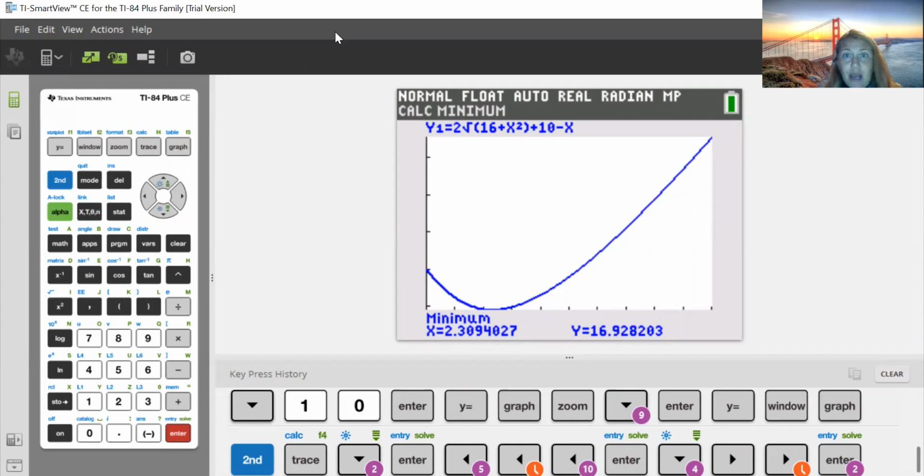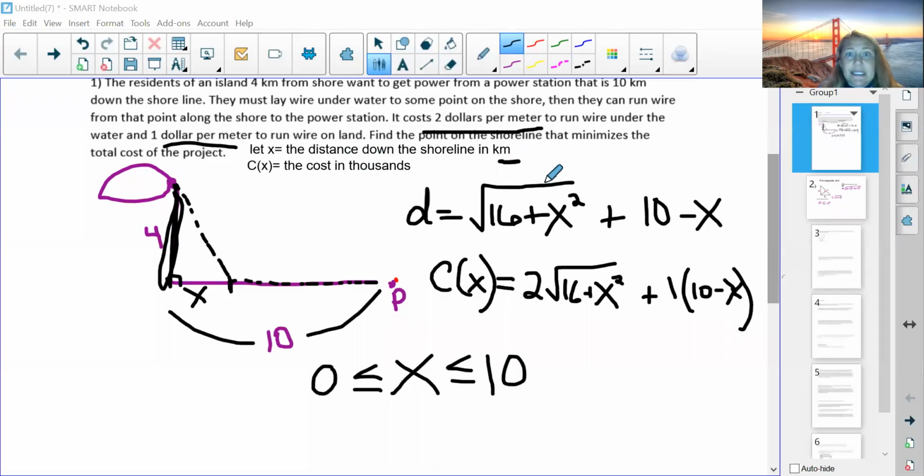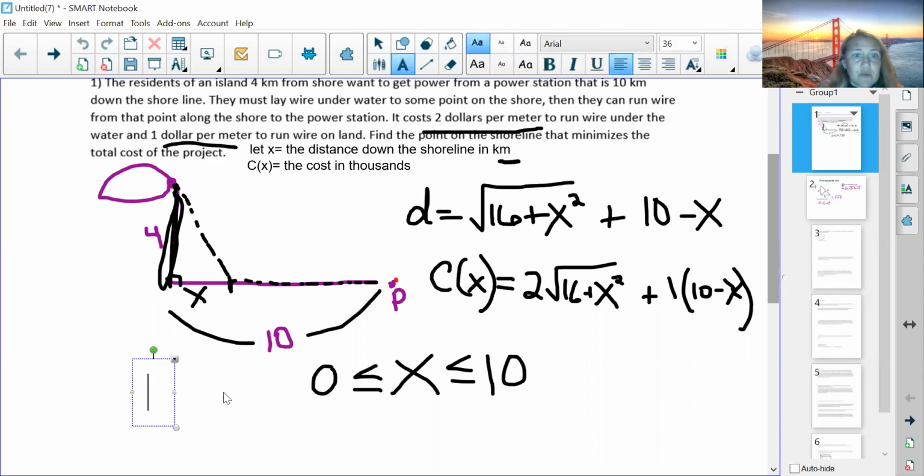So I come back to this problem and I say, okay, what is X? X is the distance down the shoreline in kilometers. In order to answer the question, I'm going to use a text box so that I can write out my answer.